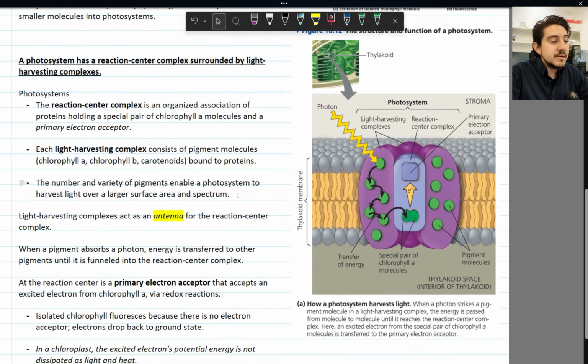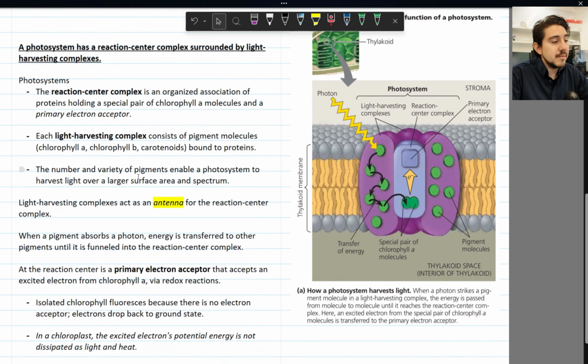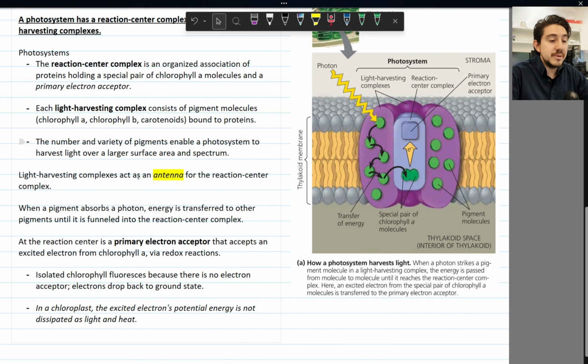And then you have your light harvesting complex, which is these surrounding complexes that are surrounding the reaction center, and they contain pigment molecules. And these pigment molecules could be chlorophyll A, chlorophyll B, carotenoids that are bound to proteins, all with that function to absorb and harvest a good amount of the spectrum of light.